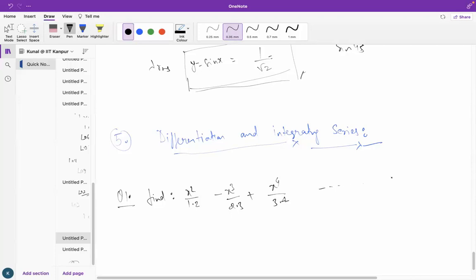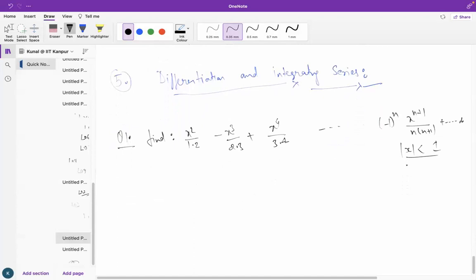Plus ... minus 1 to the power n x to the power n plus 1 divided by n into n plus 1, and plus ... up to infinity. And the one thing given here is mod x is less than 1. What it means? That means our x lies between -1 and 1. This is the condition here.